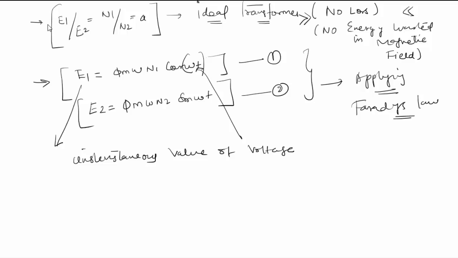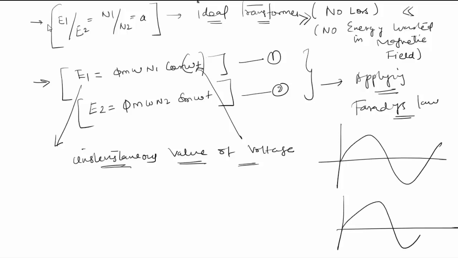So my supply voltage is sinusoidal, my induced voltage will also be sinusoidal on the second side, and the frequency will be the same: if the supply voltage frequency is 50 Hz, this will also be 50 Hz.